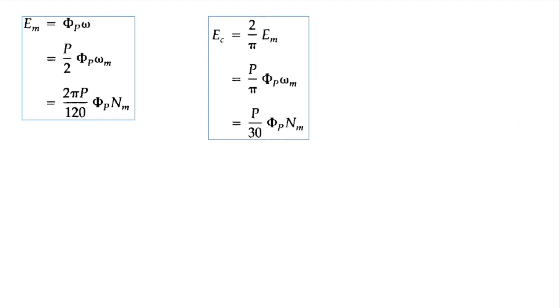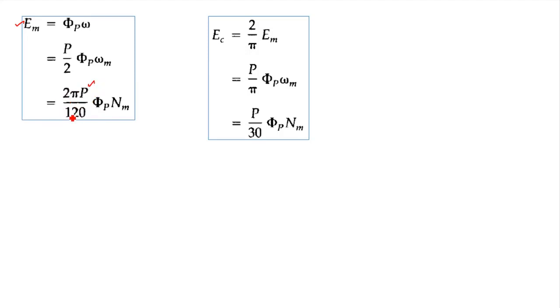Before that, we have already done this. You can see this: the maximum EMF that is generated is Bl v, and we have expressed this maximum induced EMF as 2 pi P by 120 times phi_p times N_m.